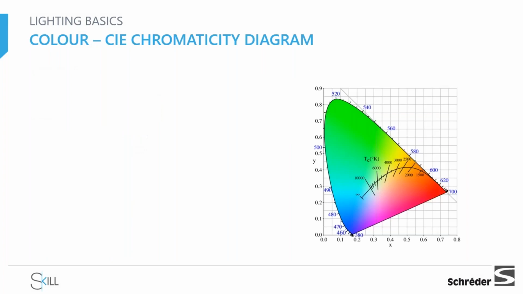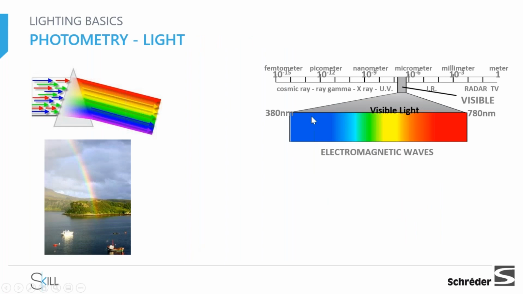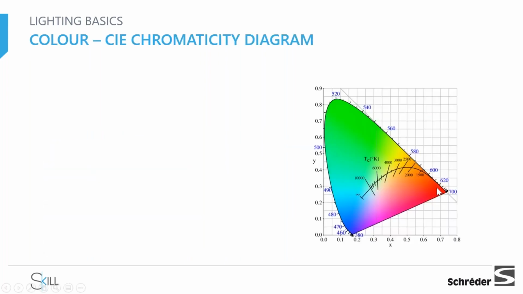So what happened? There is something called the CIE chromaticity diagram, where they took the same colors, from 380 nanometers up to 700 or 780 nanometers, and drew them in a graph with X and Y coordinates. They identified that this chromaticity diagram is a graph showing all possible colors.